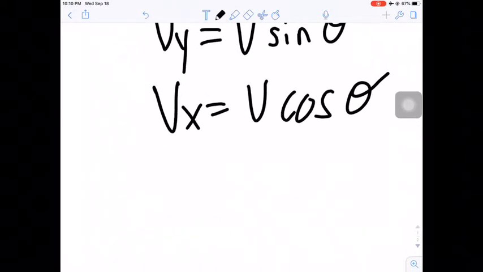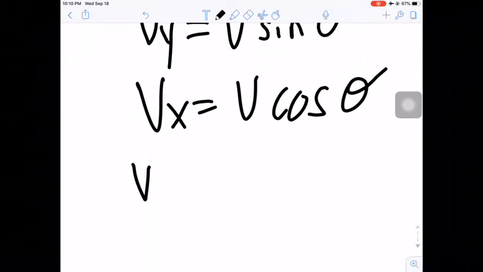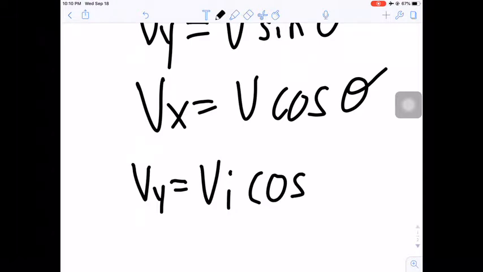And so for our problem here, the velocity in the y direction would be equal to the initial velocity times sine of theta, which for us is 35.